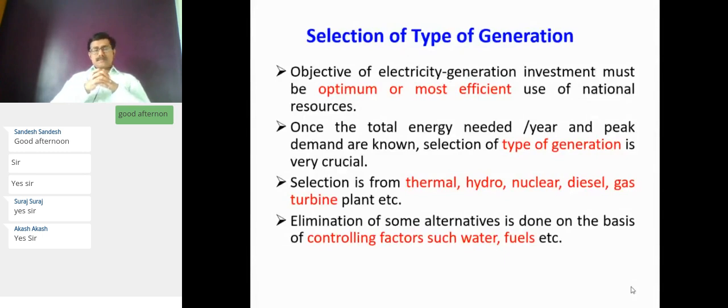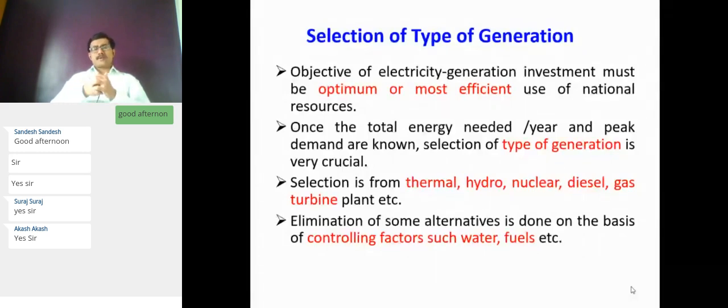And if some other type of fuel is taken into consideration, like in the diesel electric power plant, our country is not rich enough as far as petroleum products or gas are concerned. This gas as well as the petroleum products need to be imported from other countries, and you need to pay a very heavy amount for that.